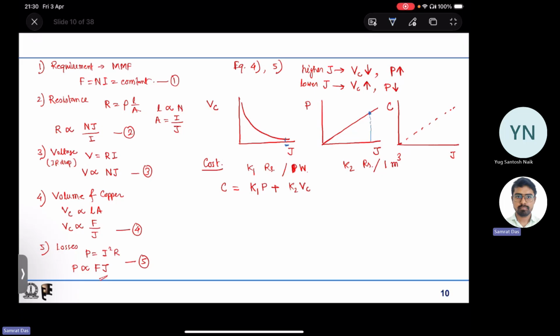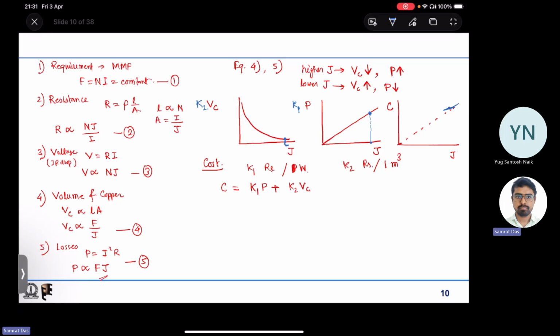Both are multiplied by K2 and K1, but the shapes remain the same. So the cost value will be mostly very close to K1P at that j, and as j increases further, it will meet this dotted straight line corresponding to the second curve, K1P versus j, asymptotically.